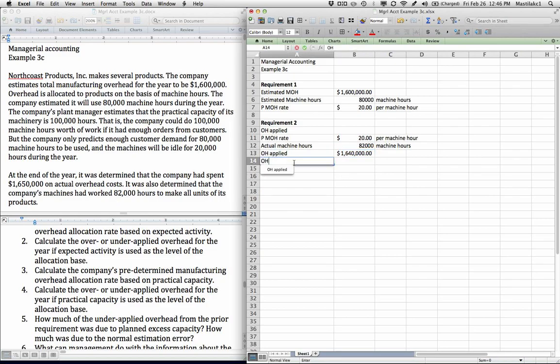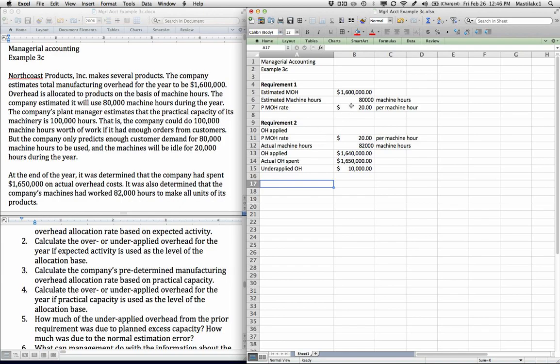We're going to compare that to the actual overhead spent, and we're told that's $1.65 million. We've applied less than we've spent, so we have under applied overhead of $10,000. And this is nothing different from what we've done in the past.